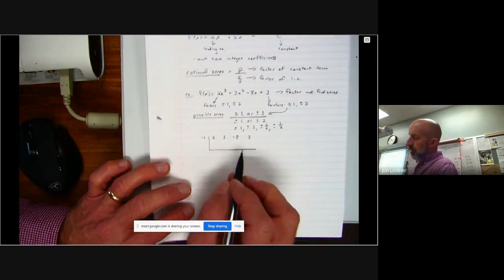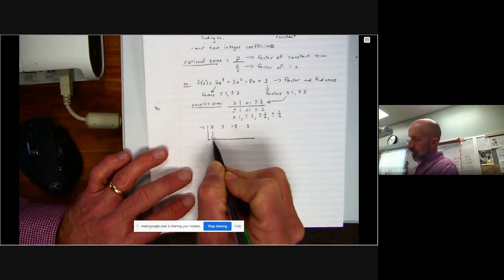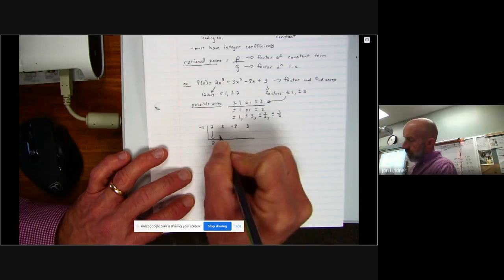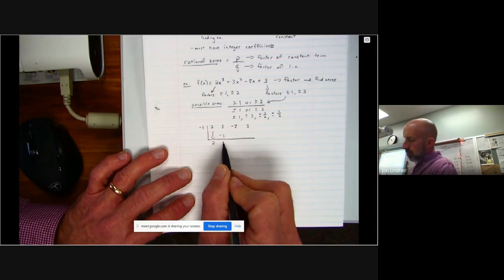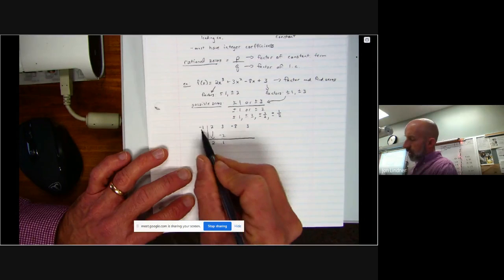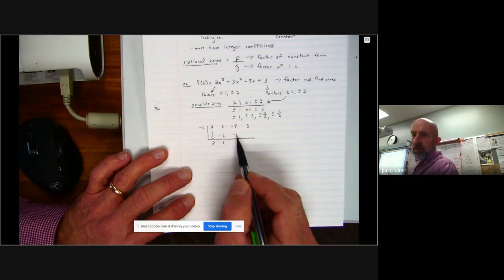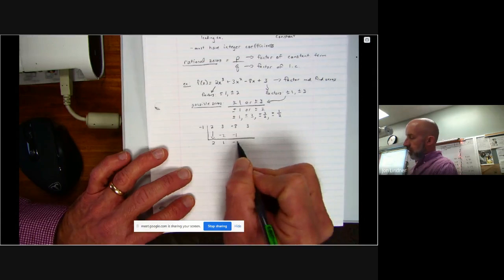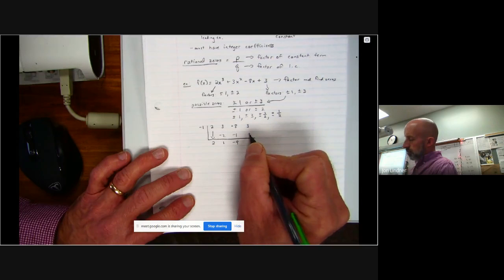Well, we do our synthetic division. So I bring down the 2. Negative 1 times 2 is negative 2. 3 combined with negative 2 is positive 1. Negative 1 times 1 is negative 1. -8 and negative 1 is negative 9. Negative 1 times negative 9 is positive 9.